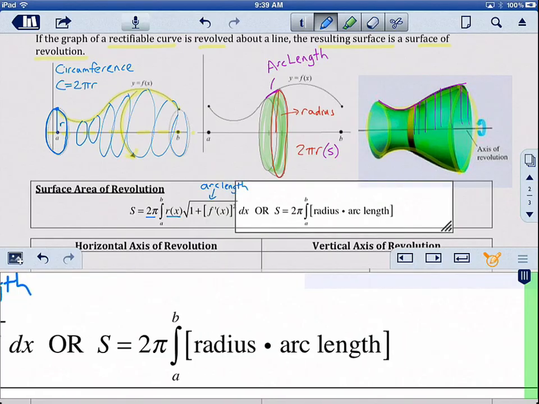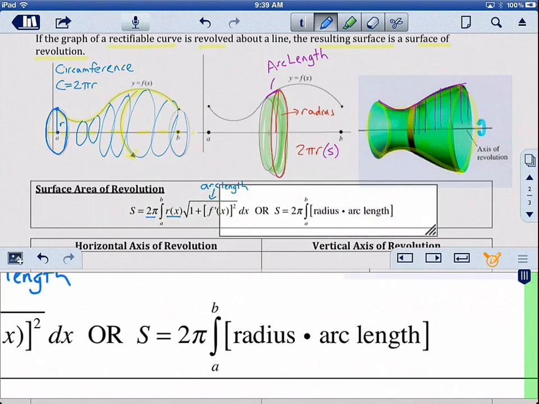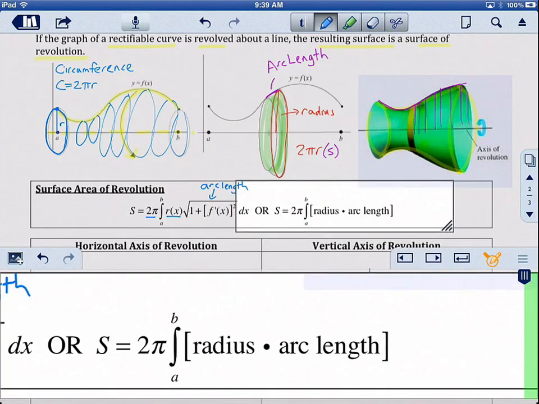And so an easier way to think about this than to memorize this formula is just to look right here. Surface area is going to be 2 pi times the definite integral from a to b of your radius times your arc length.